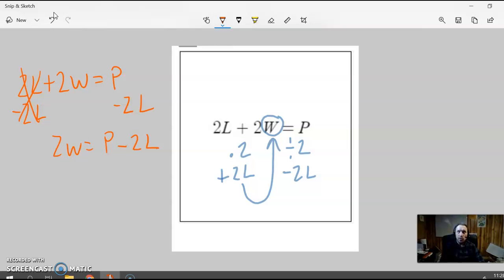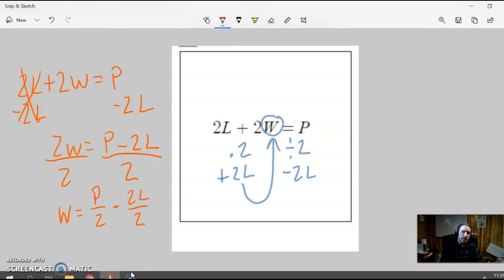Then we said, if I'm multiplying by 2, how do I undo it? I divide by 2. So if I divide this side by 2, I need to divide this entire side by 2. 2 divided by 2 is 1, so I'm just left with 1w. p divided by 2 is p over 2, minus 2l divided by 2.